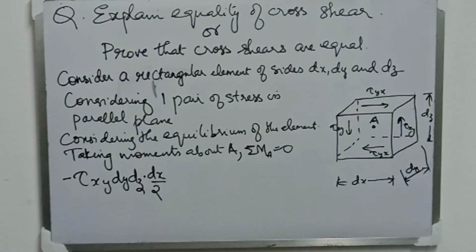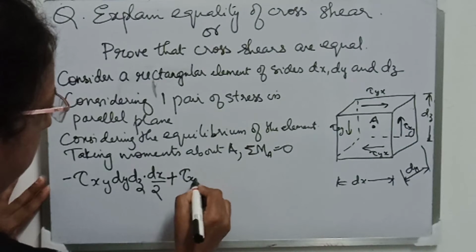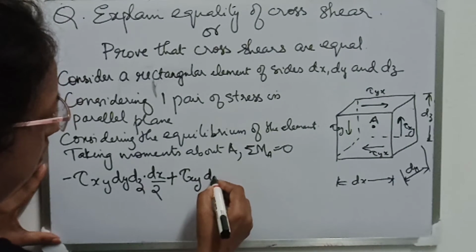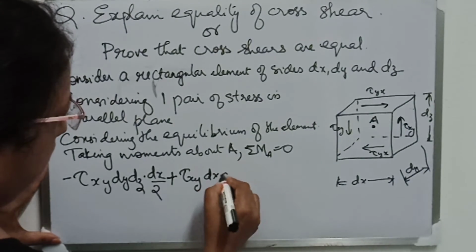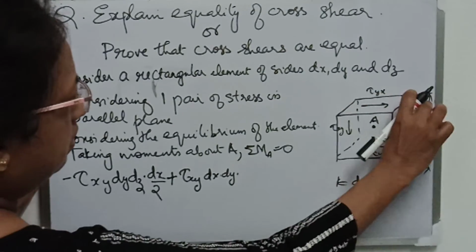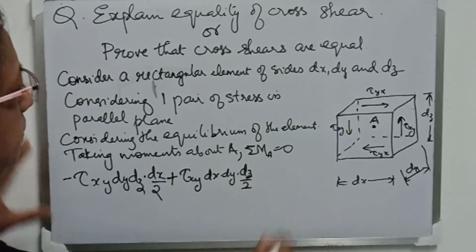Next let us consider the shear stress tau yx on this element, and it will create a clockwise moment, so it is positive. It is acting on the area dx into dy, and the perpendicular distance from A to that shear force is dz by 2. So I am multiplying it with dz by 2.